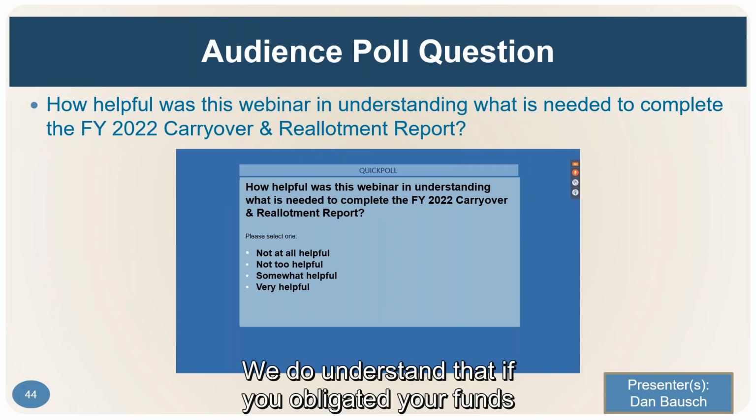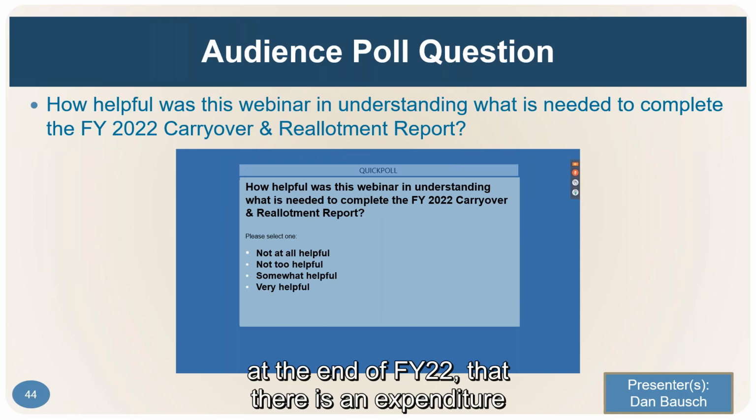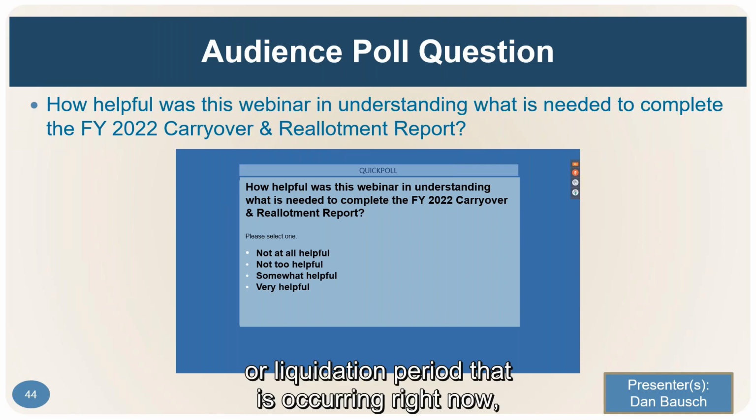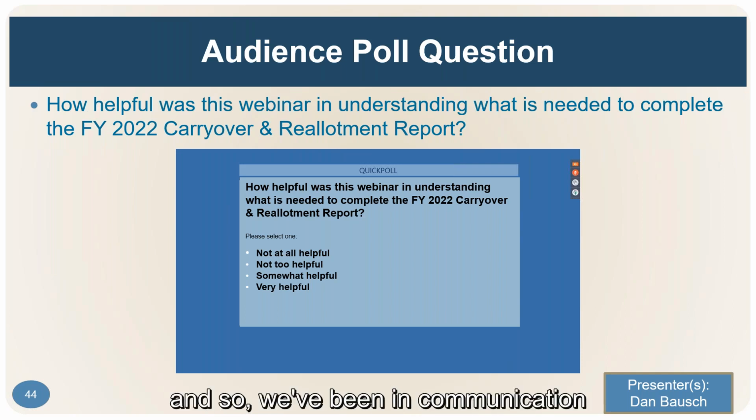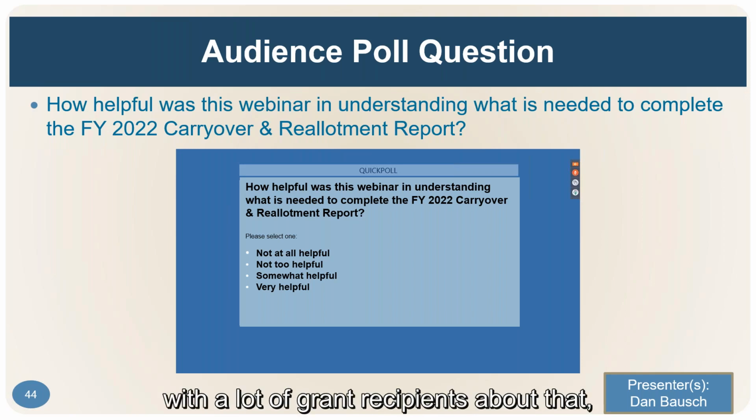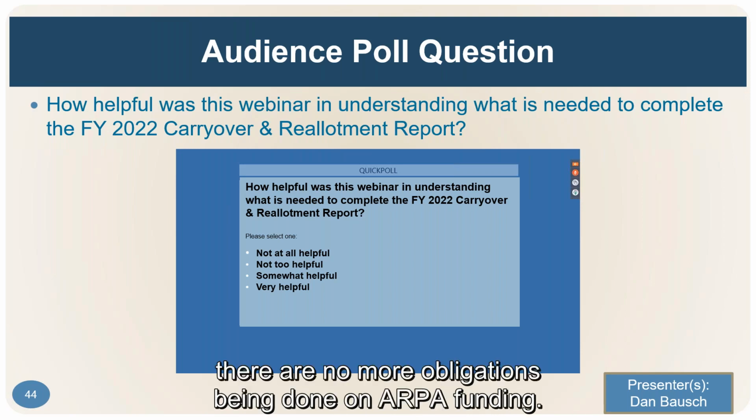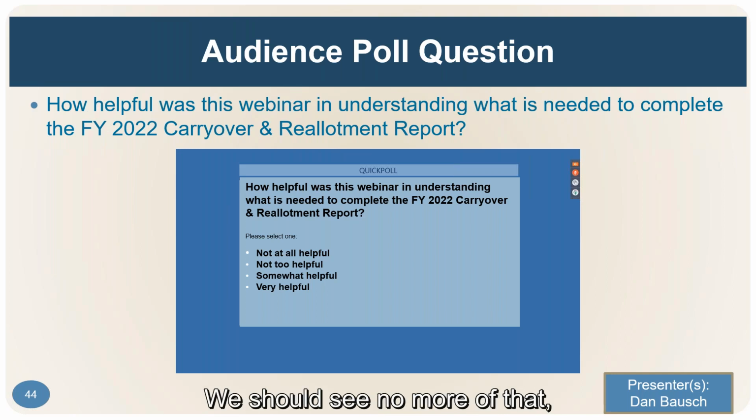We do understand that if you obligated your funds at the end of FY22, there is an expenditure or liquidation period that is occurring right now. And so we've been in communication with a lot of grant recipients about that. But as far as for reporting purposes, there are no more obligations being done on ARP funding. We should see no more of that.